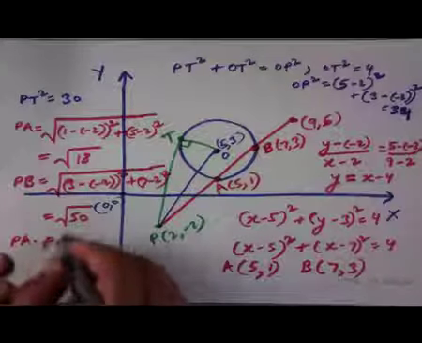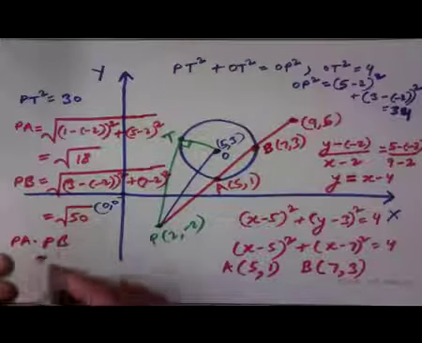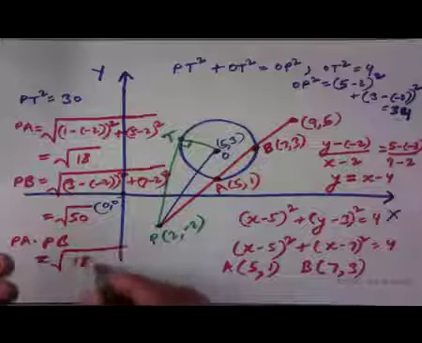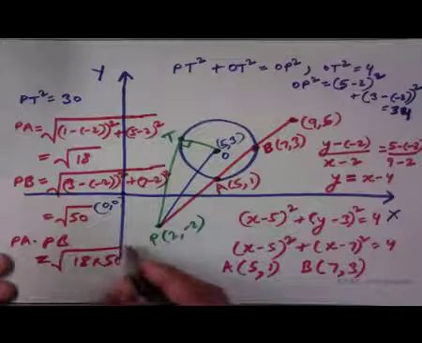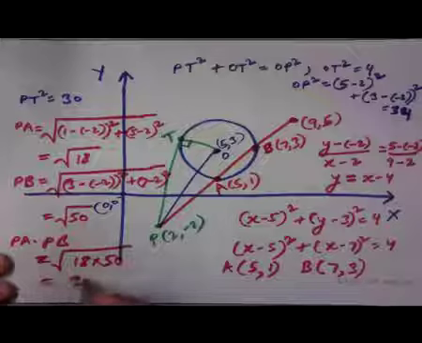PA into PB is now square root of 18 times 50, which is equal to 30.